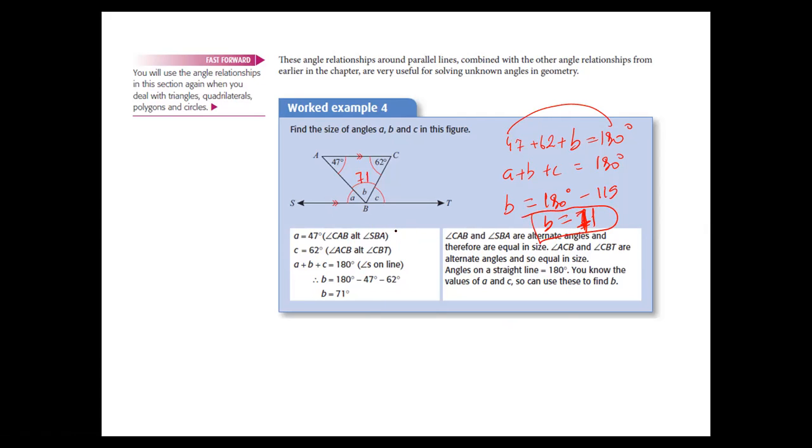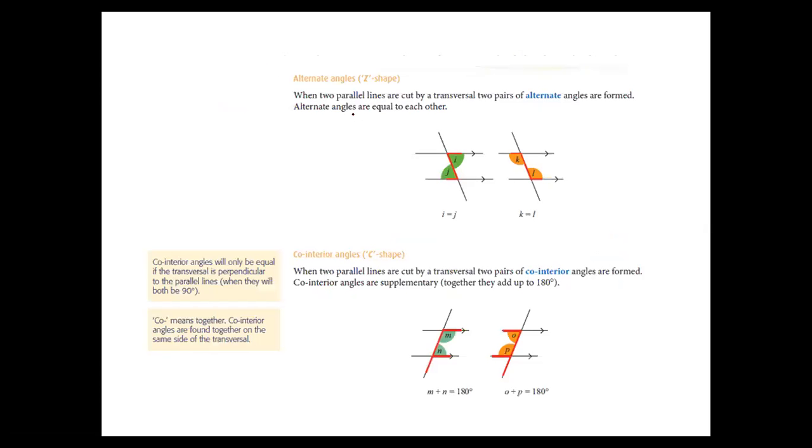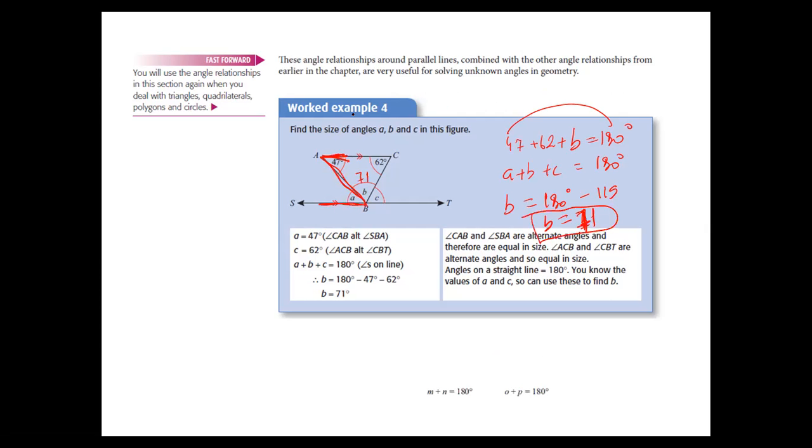And how can you find A and C? As you see, we also have the rule of Z, the inverse Z. And what were the alternate angles, or Z? Yes, the interior angles are equal to each other. So if we have 47 here, then A must be equal to 47.